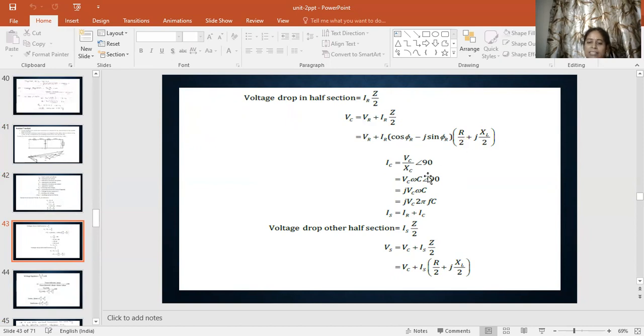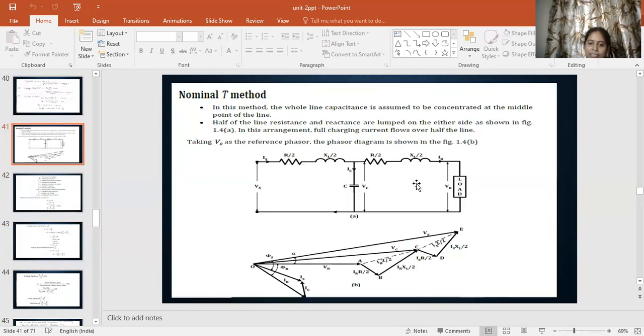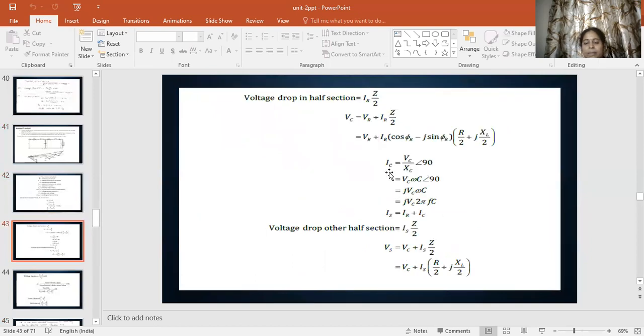Next, the capacitive current IC equal to VC by XC. So here in the capacitive current, the voltage present is VC, so VC by XC.